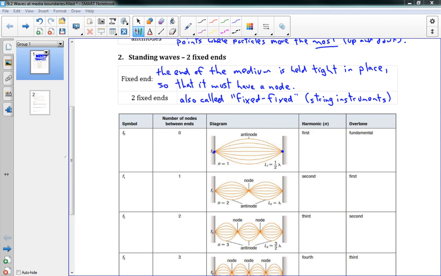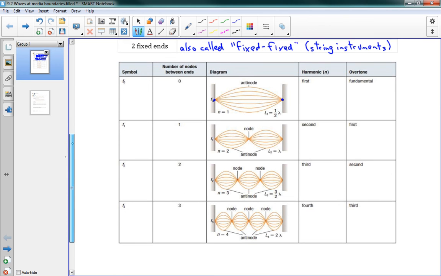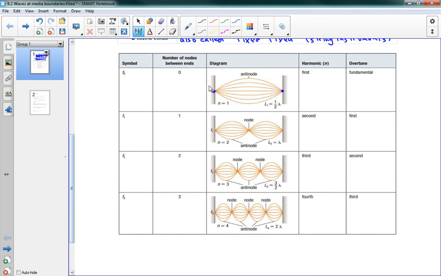So let's take a look at what this means here. If I'm forcing both ends of my string to have nodes at either end, I'm holding this end, somebody else is holding this end so it doesn't move, but I'm making it vibrate up and down in this standing wave pattern, well, the first option I have is where it just vibrates up and down this way, where there's one antinode and that's it.